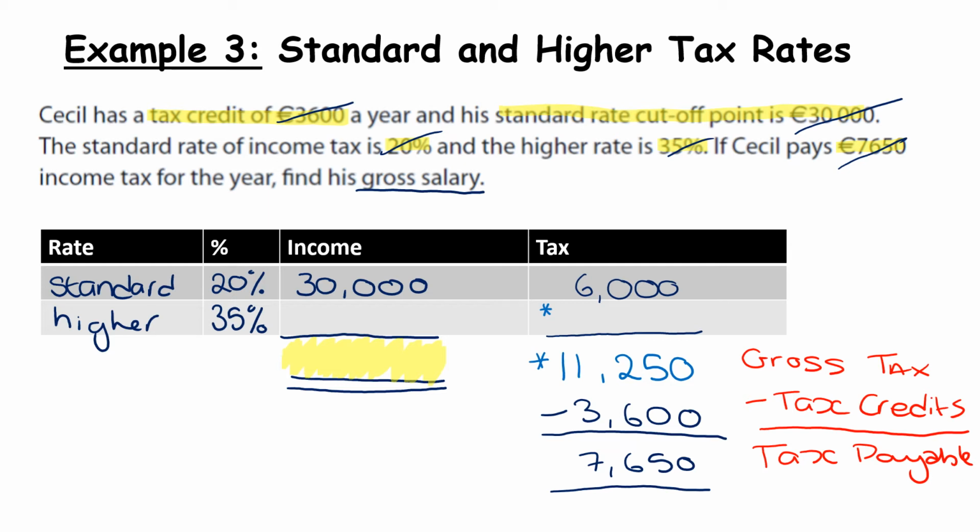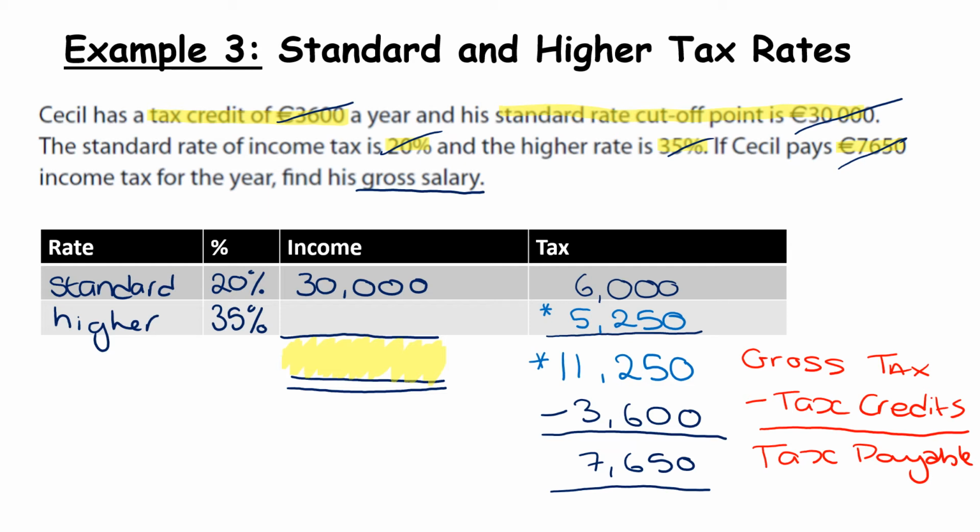So I'll do 11,250, take away 6,000, which gives me 5,250. Okay, so hopefully everyone's with me so far. So we laid it out as normal, filled in what we had, and then began working backwards.